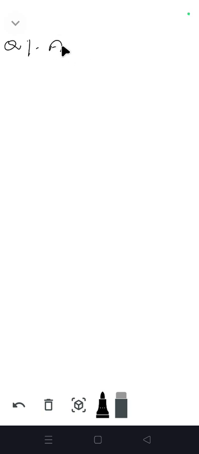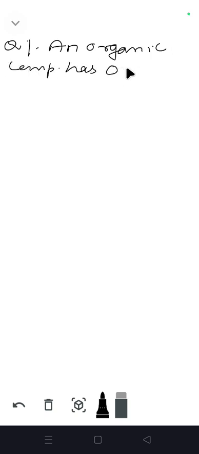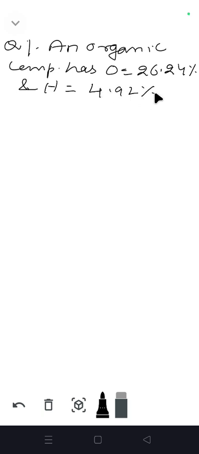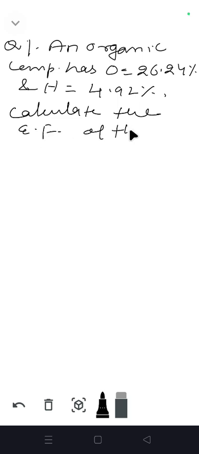An organic compound has oxygen 26.24% and hydrogen is 4.92%. The question asks, calculate the empirical formula of the compound.